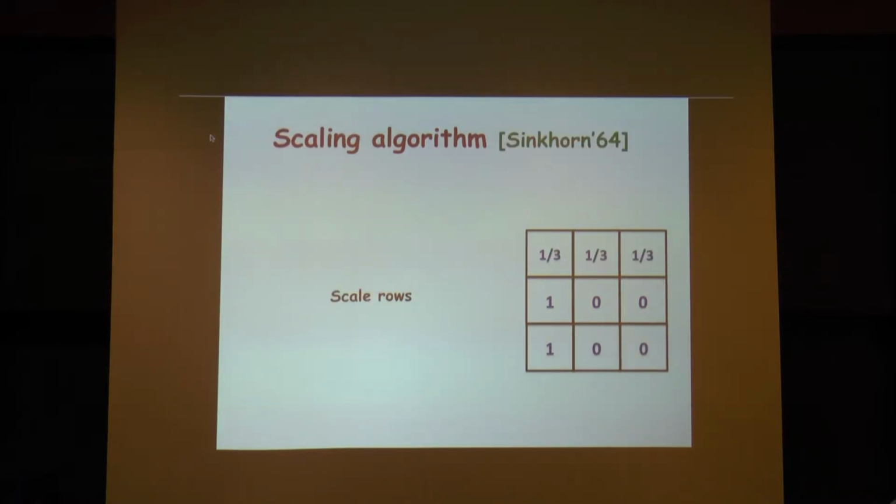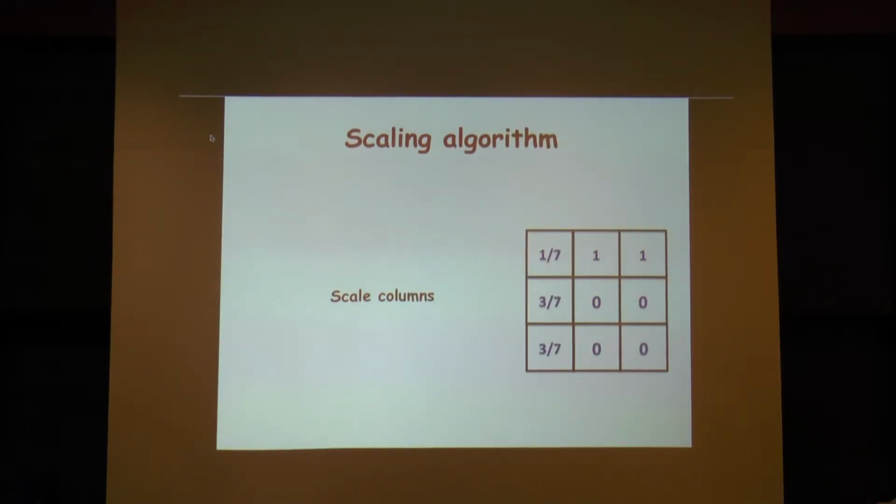So scale rows, so all the rows sum to 1, but the columns are not. So let's make the columns 1. Okay. And now the rows are not. And let's make the rows 1. But now the columns are not. But this seems to be going somewhere. Well, maybe not.